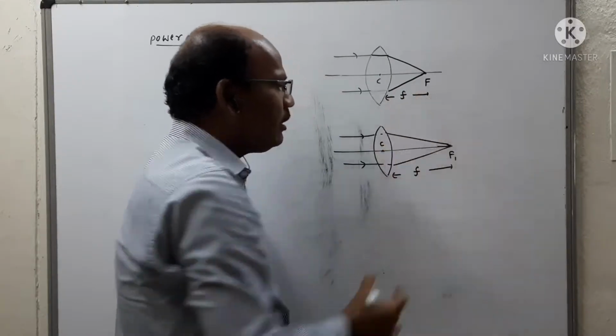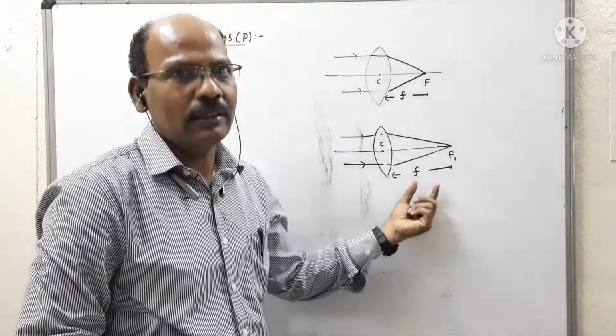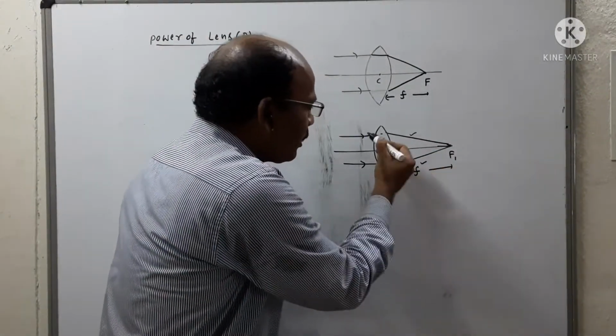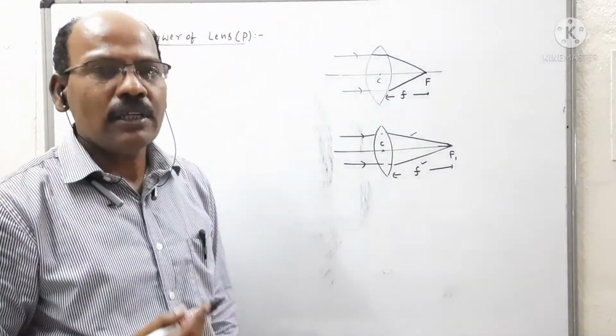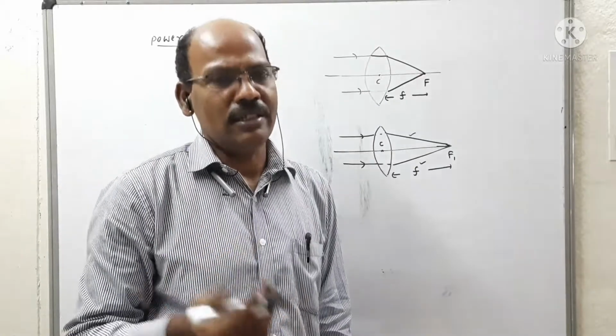But this focal length is different from this focal length. That means the ability of bending of the incident rays which fall on the lens changes.